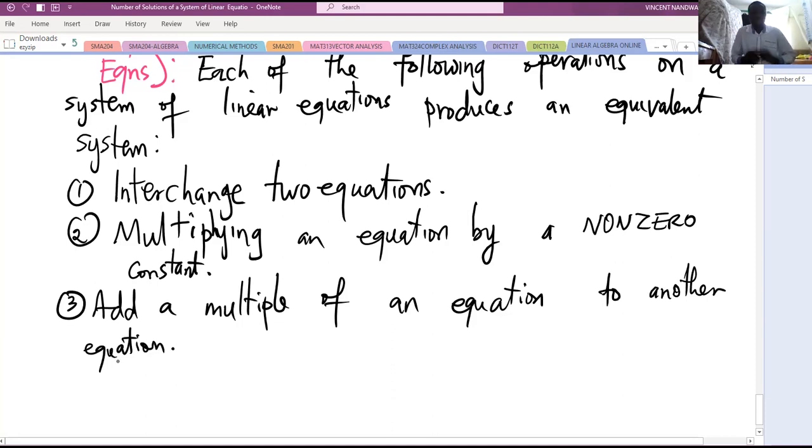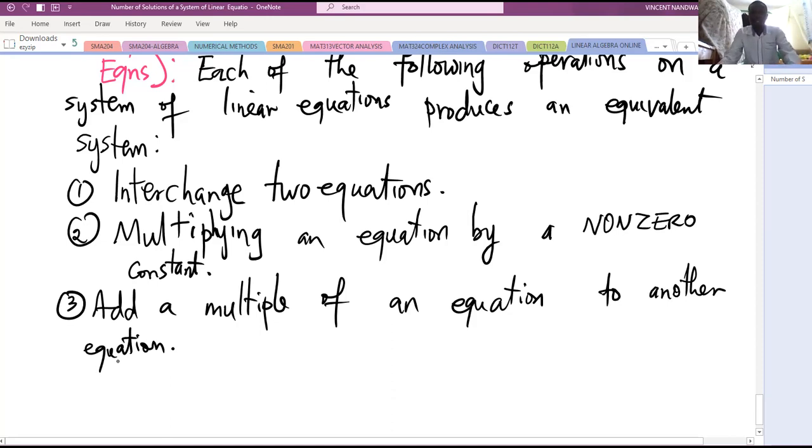Those are the three operations on a system of linear equations that can produce an equivalent system, helping you transform a non-row echelon form system to a row echelon form system that you can solve by back substitution.